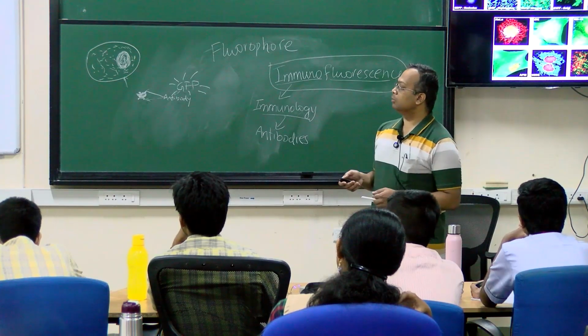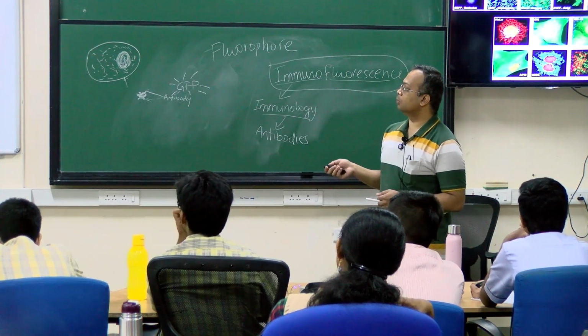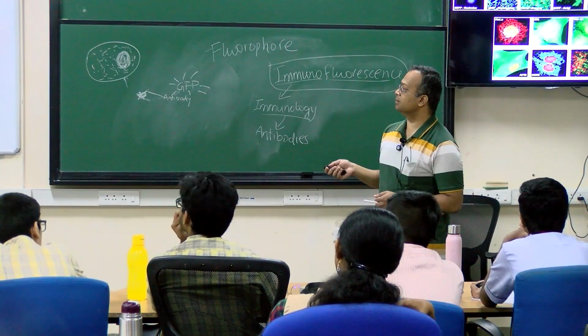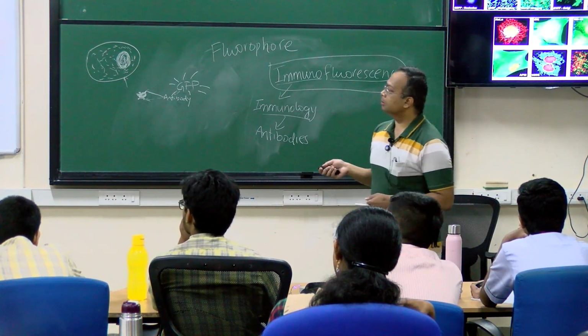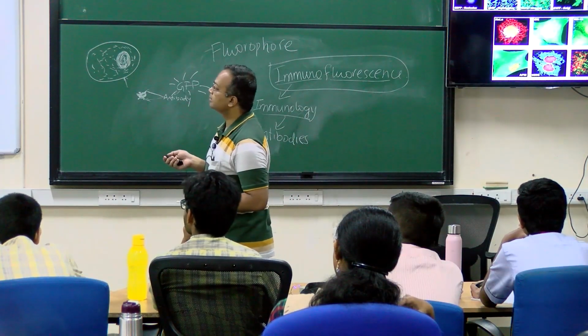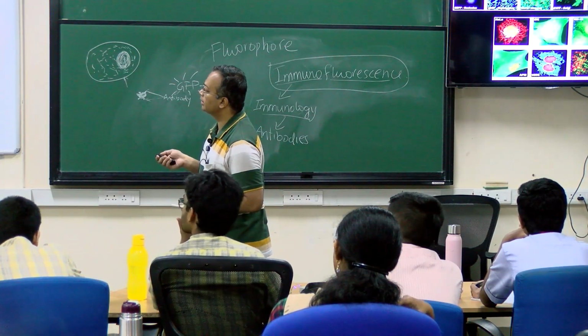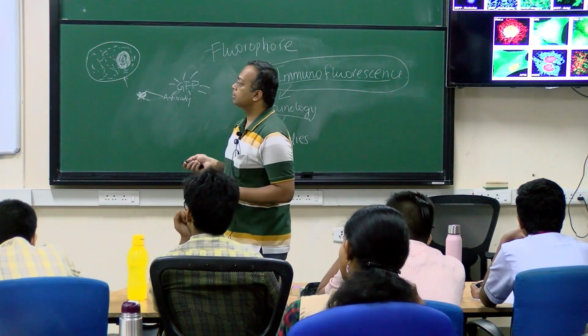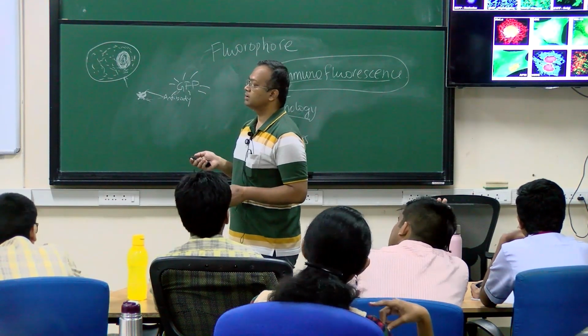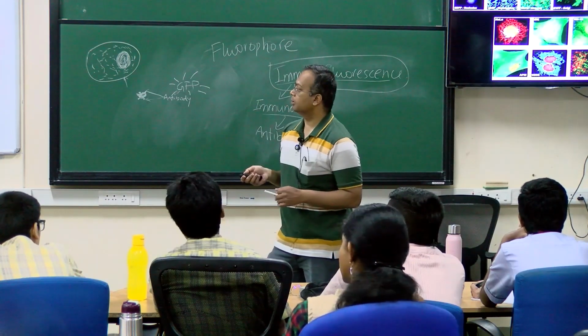Okay. Now if you want to stain multiple colors, you are seeing this cell here. Okay. The nucleus is stained with the cyan, the something in the cell cytoplasm is stained with green, and something is stained with red. Okay. So wherever it is overlapping, you can see that those objects are there. Okay.